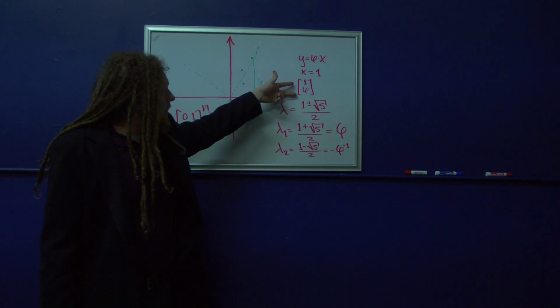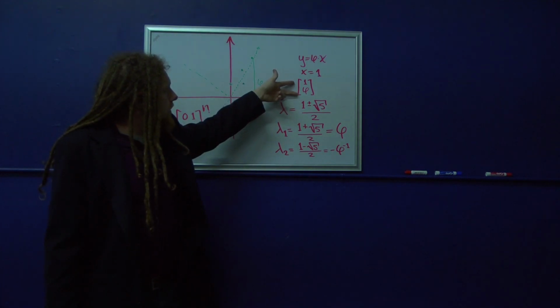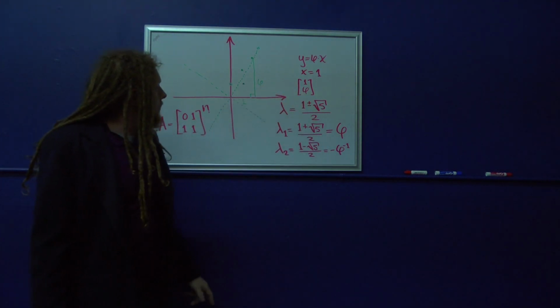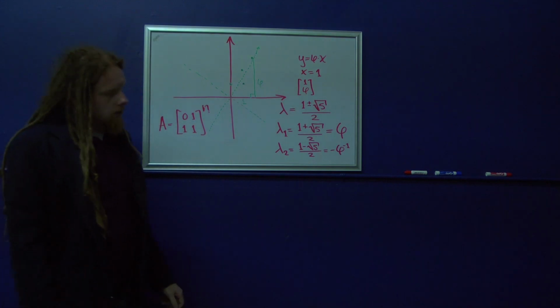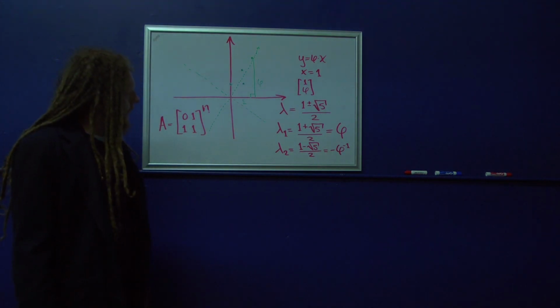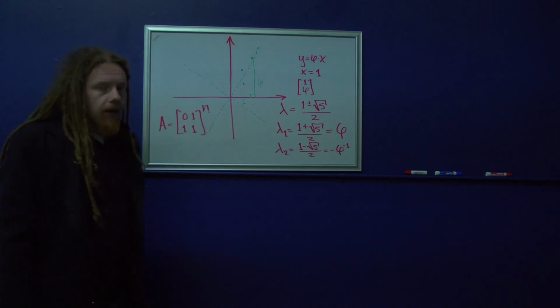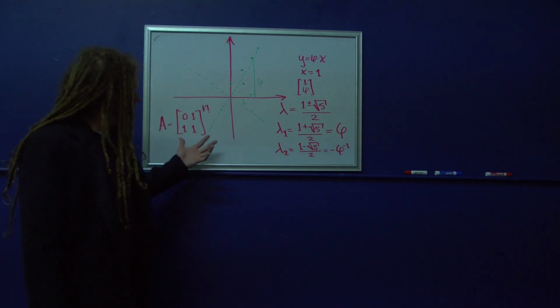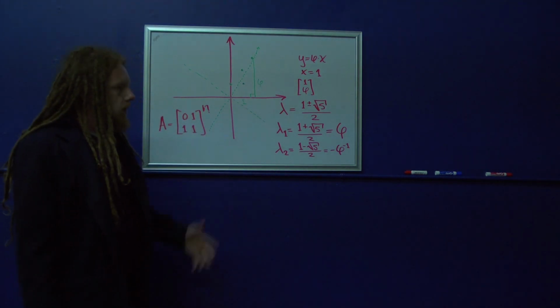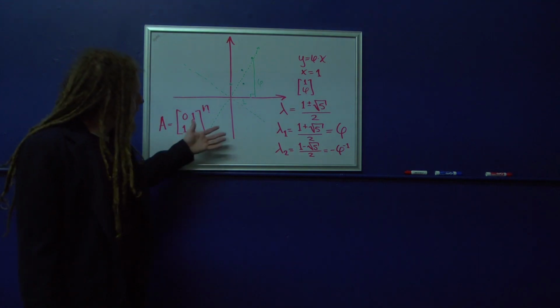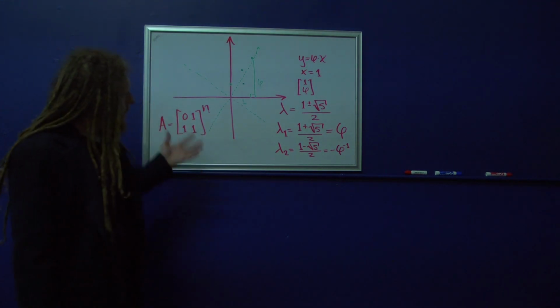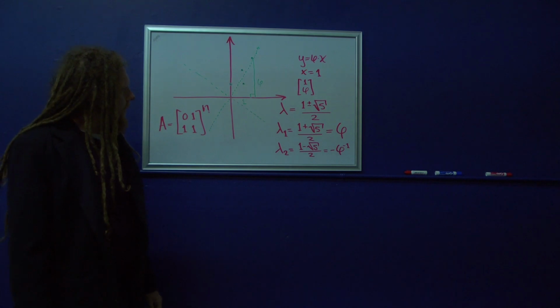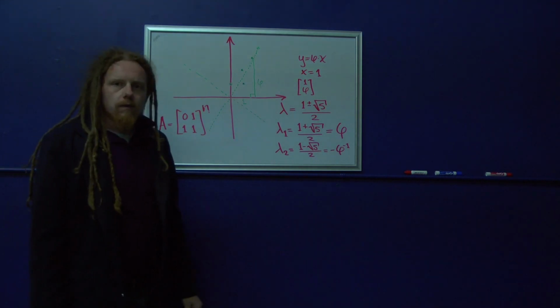The ratio between subsequent coordinates limiting to this number phi, regardless of where you started. And that's kind of a high-level approach, but for somebody like me who thinks about Lie groups and dynamical systems and operator algebras, this is kind of a nice, clean way of looking at it.